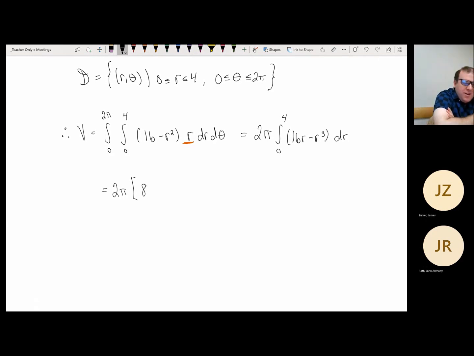You know, 8r squared from 0 to 4, which is 8 times 16, minus a quarter r to the 4th from 0 to 4. No, that's 4 cubed. 256. It's 4 to the 4th, which is a quarter of 256.